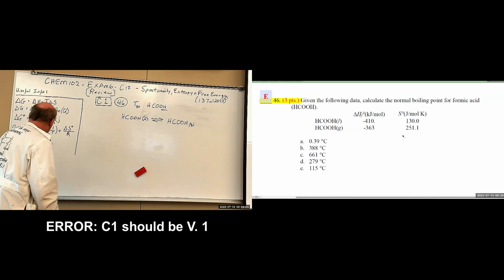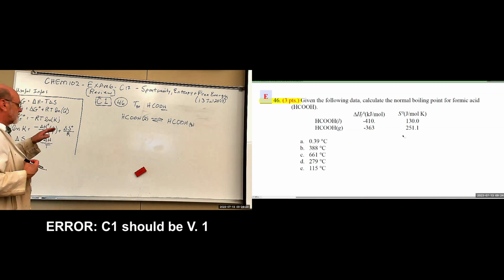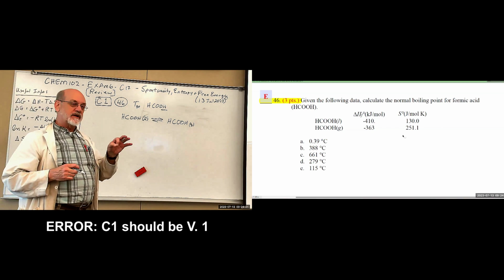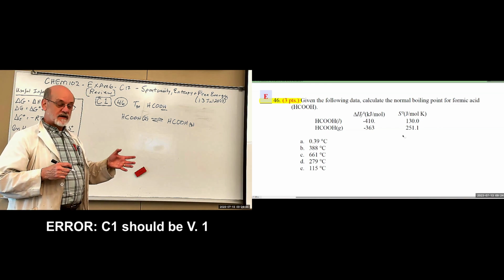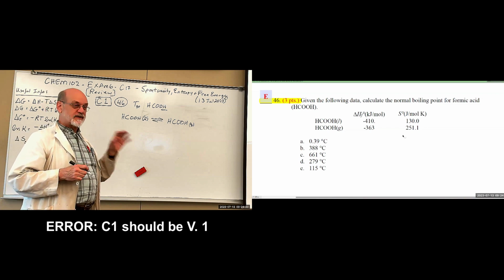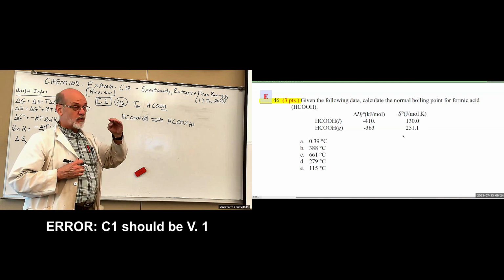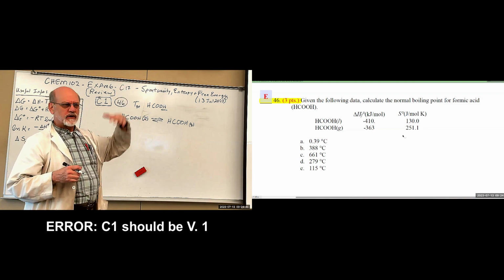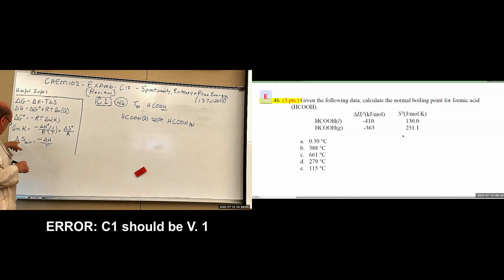All right. What we can say is at the normal boiling point, the enthalpy of the surroundings is equal to the enthalpy of the system, because delta S total has to be 0 at the boiling point. Assuming we're at the boiling point and we're not doing like we did before and increasing it above the boiling point. It's at the boiling point. That means the delta S surroundings has to be equal in magnitude and opposite in sign to the delta S for the system.